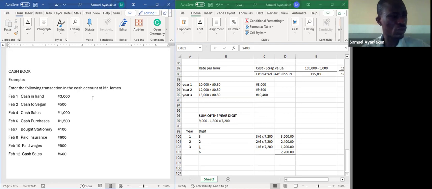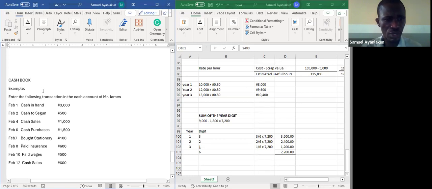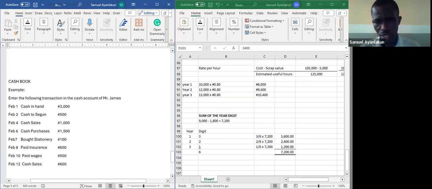I want us to look into this cash book, which talks about the entries, original entry, how you can prepare cash book, part of the ledger or journals. So this is just a little class work, not because of time, and because some of us are not present.